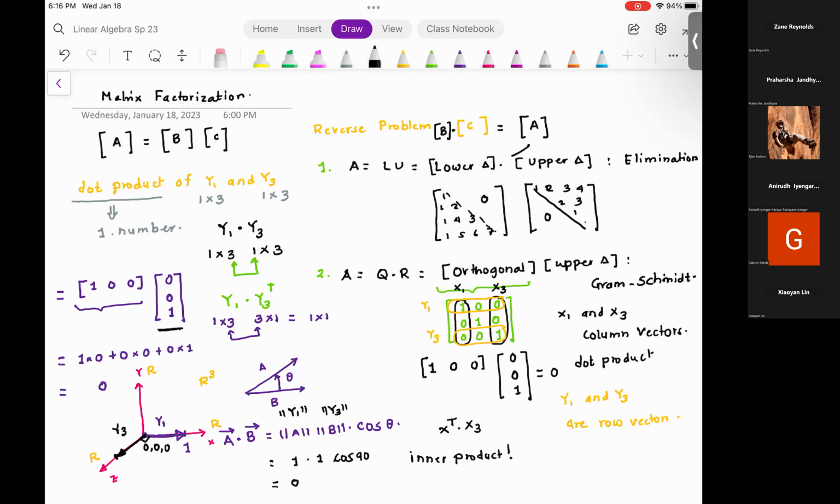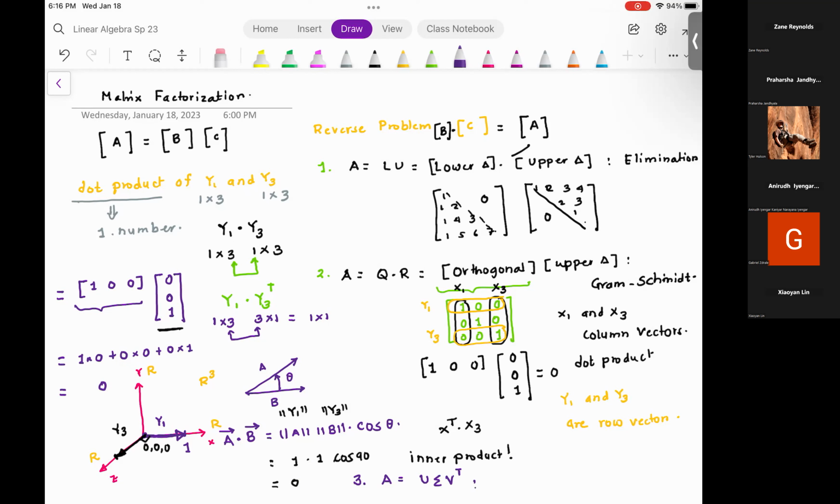Now, the last important factorization, which we will use quite a bit, is the factorization of a matrix A into left singular vectors, singular values, and the right singular vectors transpose.